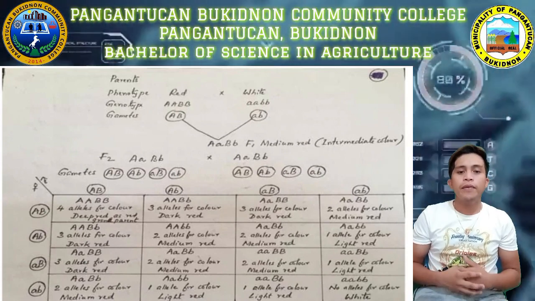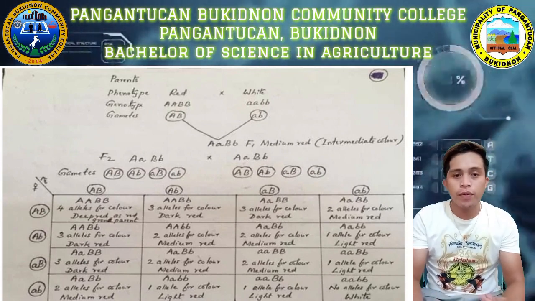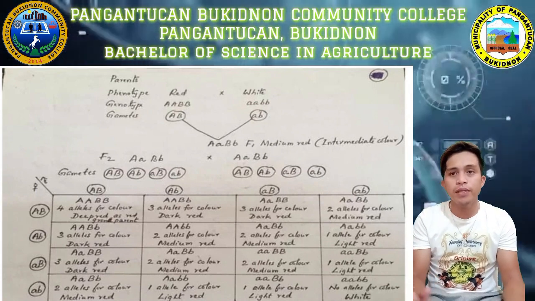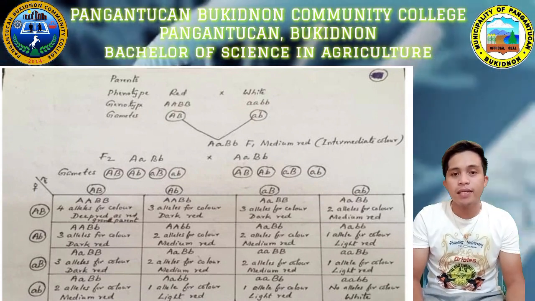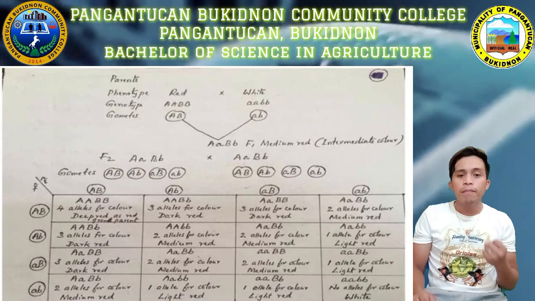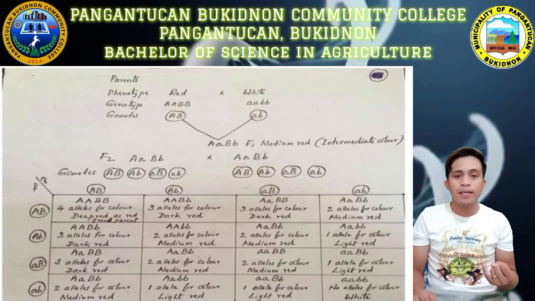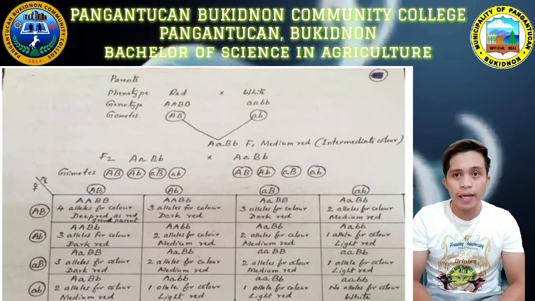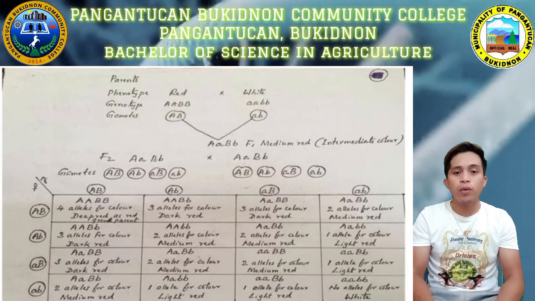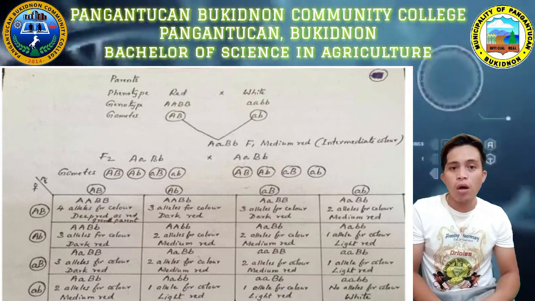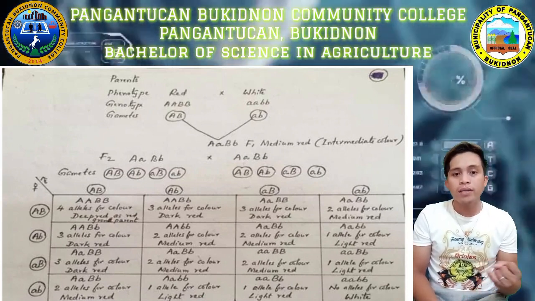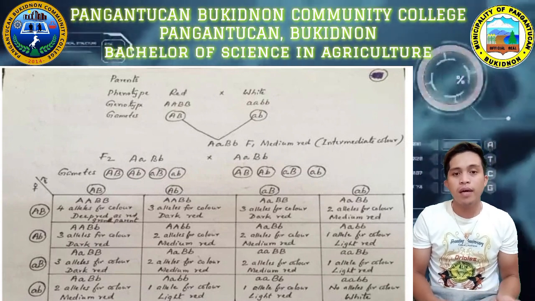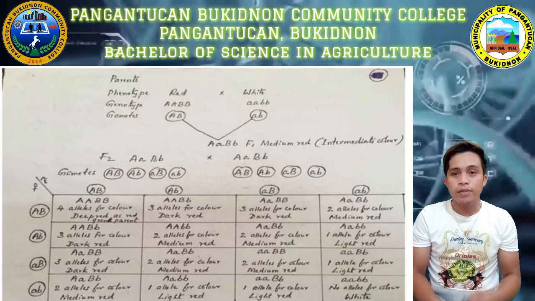So he got different F2 phenotypic ratios in various hybridizations, such as 3 red to 1 white, 15 red to 1 white, and 63 red to 1 white. So take note that as always we have one white because of the homozygous recessive.